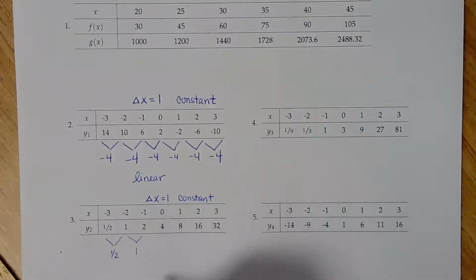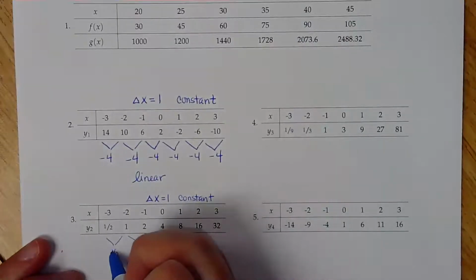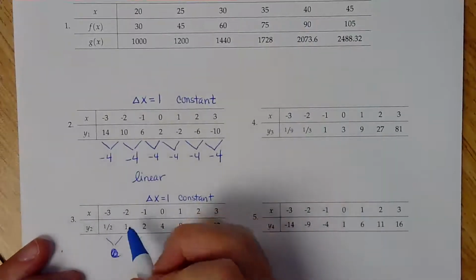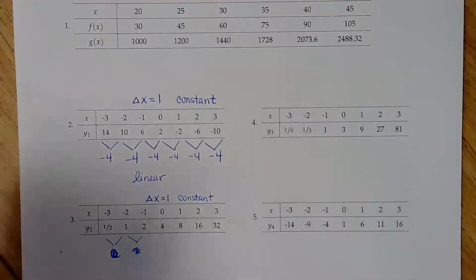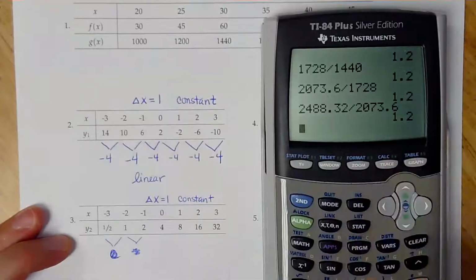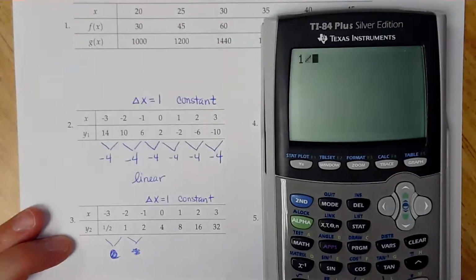So that means my possibility would be that it's exponential. So what I'm going to do then is take 1 and divide it by 1/2 and see what that comes out to be. So let me make sure my calculator's in frame here. 1 divided by 1/2 gives me 2.